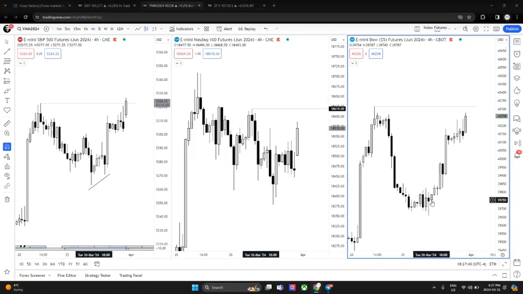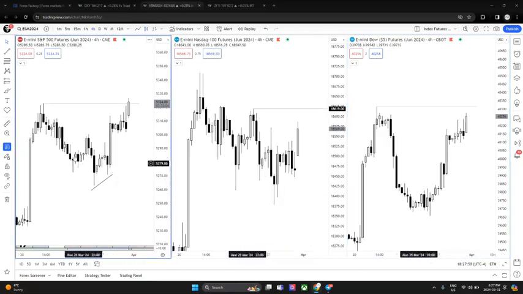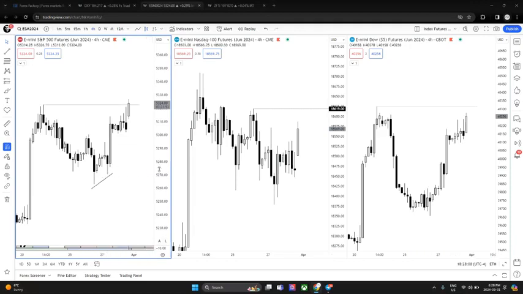But here, the failure swing did not reach the rejection block, which was another form of SMT due to the fact that it happened here. So last week, yes, it was difficult to navigate this price action, but we approached it with caution for a reason. And this is why sequential SMT helps you, because if there's no sequential SMT, you would not enter, right? You would not enter.